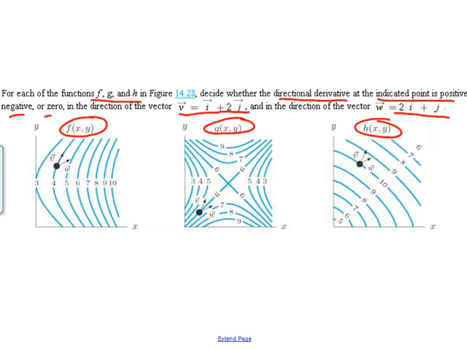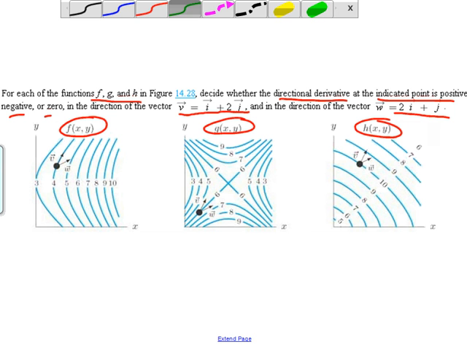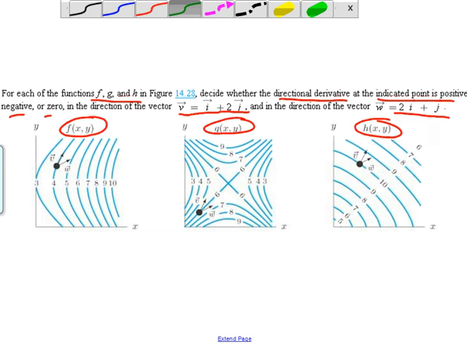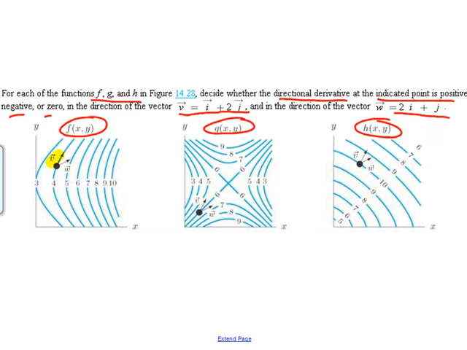So if we look at the first case, I'm going to highlight the v's in yellow. Just to make it more clear, there's my v, v, and v.